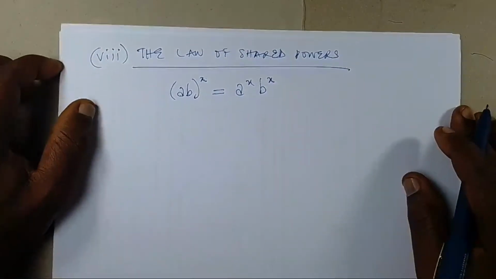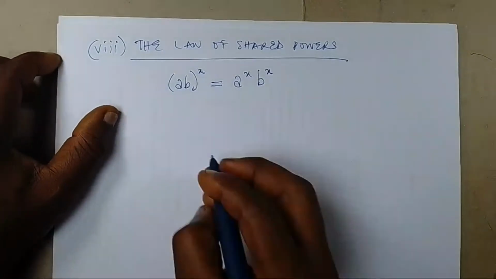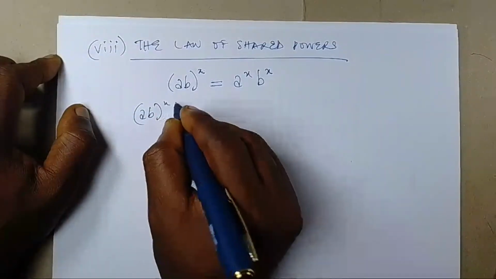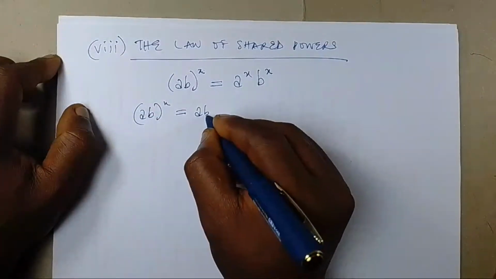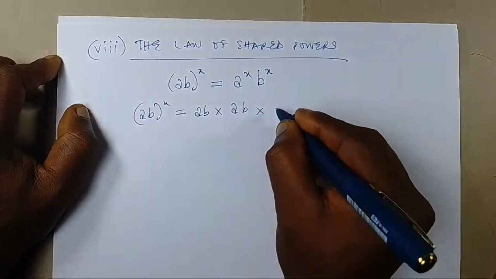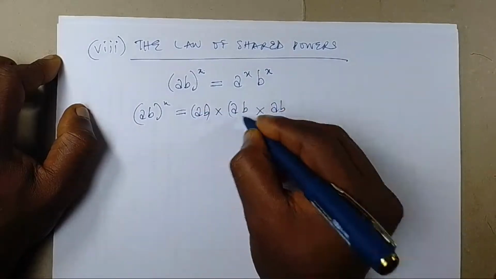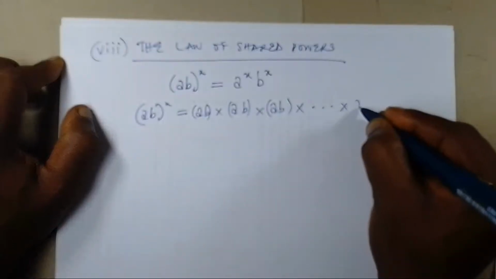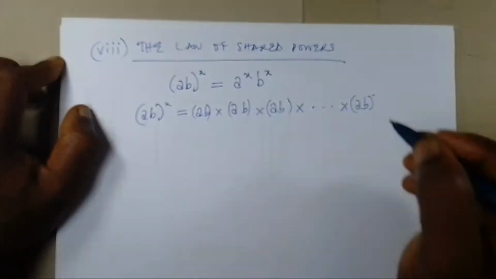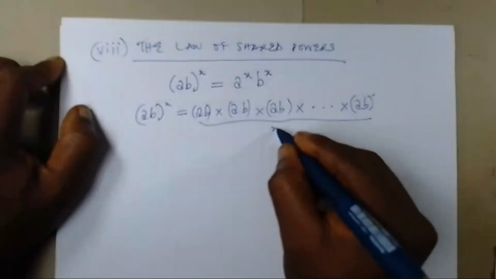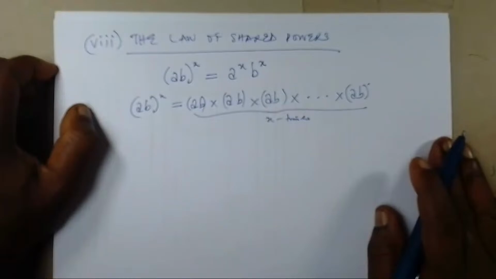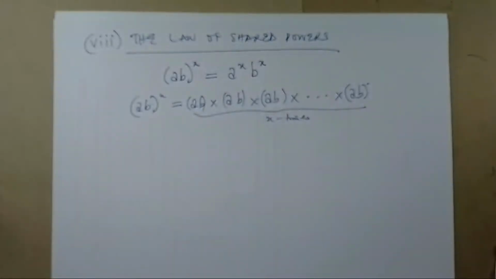So what I'm saying in essence is, if you want to prove this law, then let's prove it in this manner. AB raised to power x is the same as multiplying AB by itself, how many times? X times. So if you multiply AB by itself x times, that is what you are going to get.